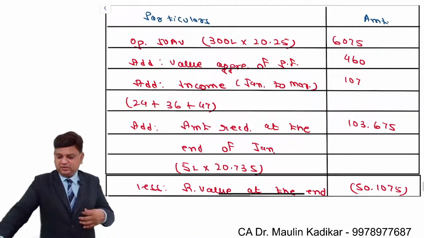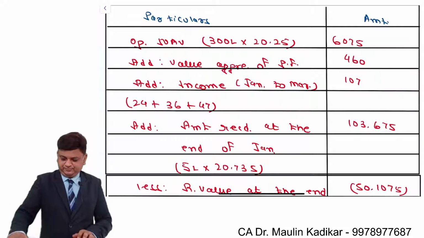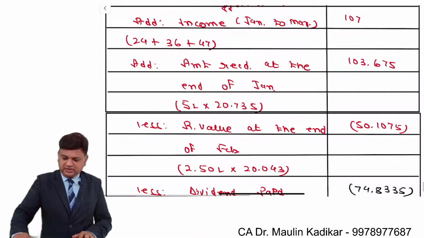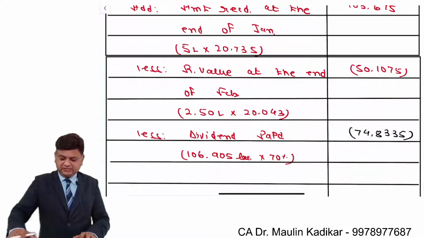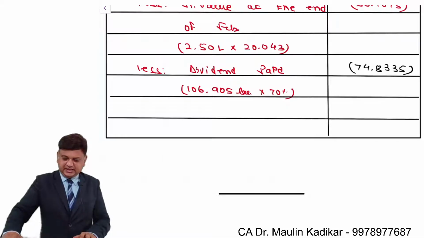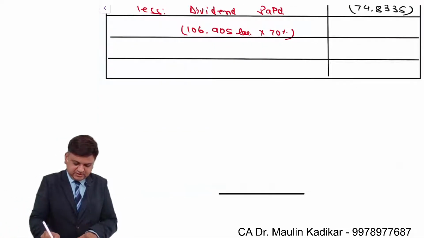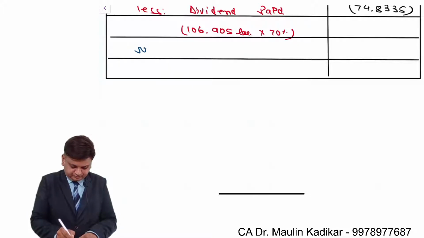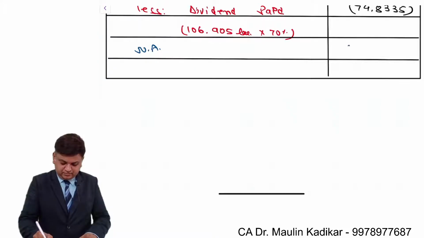So please use your calculator. 6075 plus 460 plus 107 plus 103.675 minus 50.1075 minus 74.8335. That comes to net assets. That is answer 6620.734.